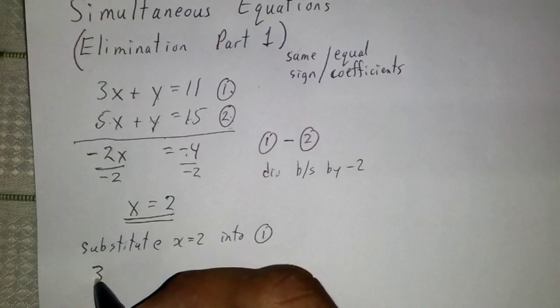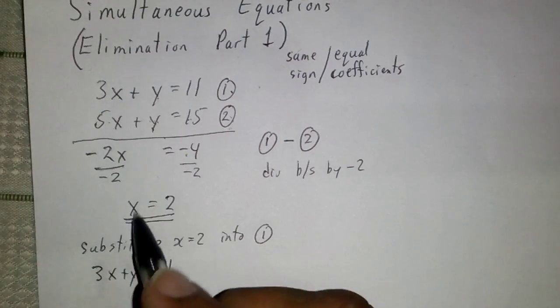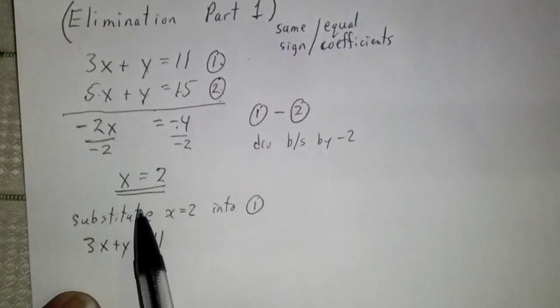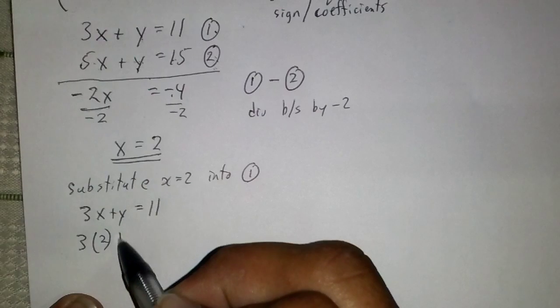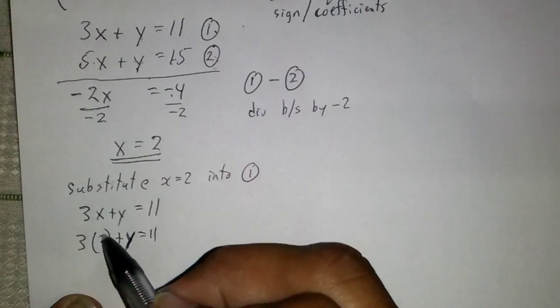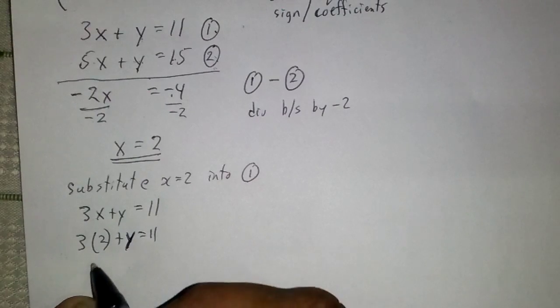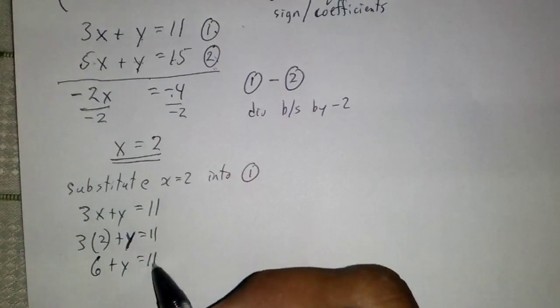So we put 3x plus y equals 11, and since x equals 2, we will put now 3 open bracket 2 close bracket plus y equals 11. Note that the open and close bracket means multiplication. So 3 times 2, 6 plus y equals 11.